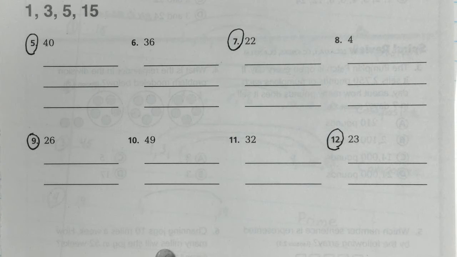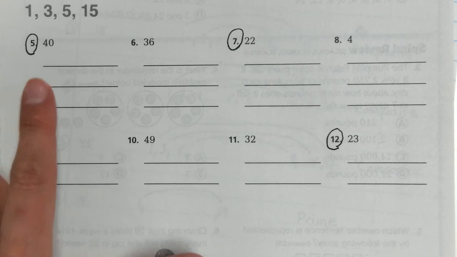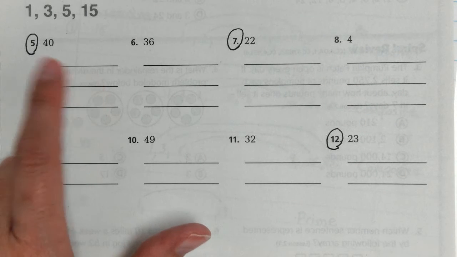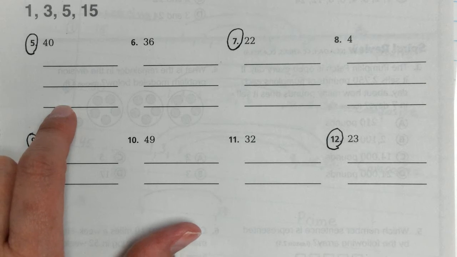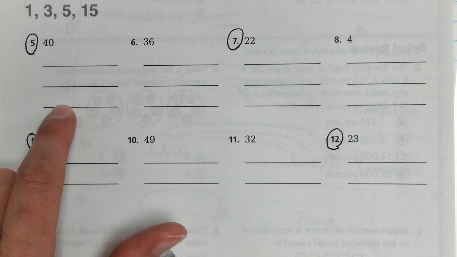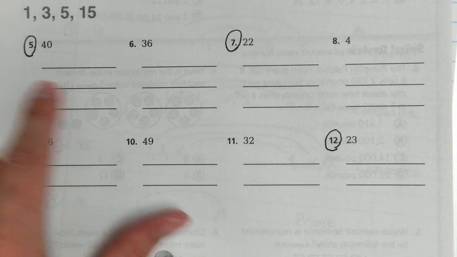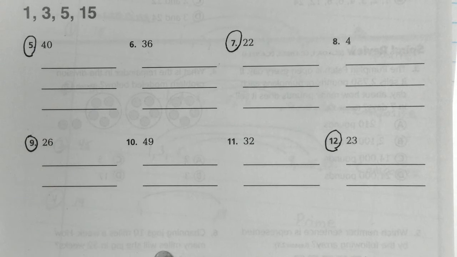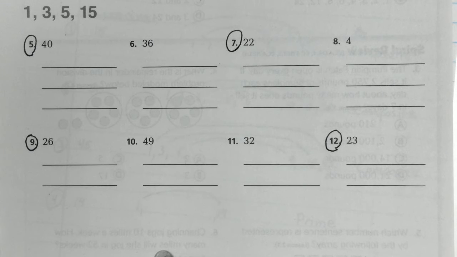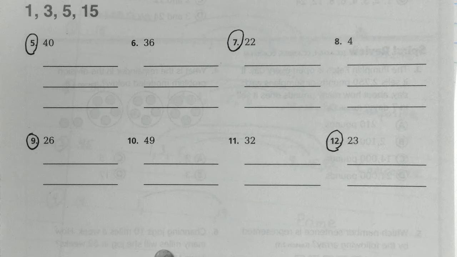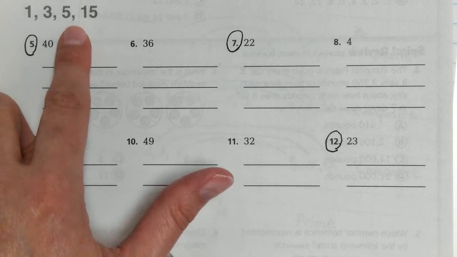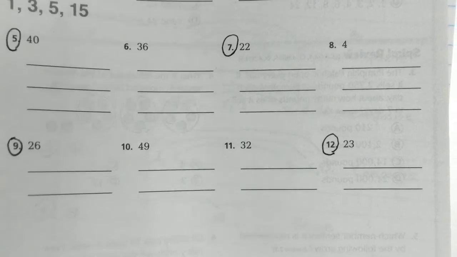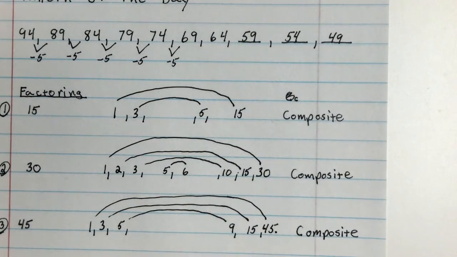What I want you to do is find all the factors. I want you to use the rainbow method. So if you need to do it on your notebook paper, you can. And then I want you to tell me whether it's a prime or composite number. You're going to write all of the factors, but you're going to do the rainbow method like we were just doing.